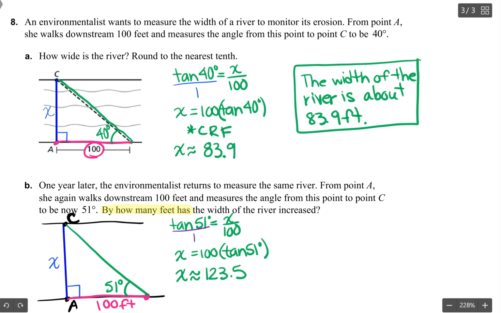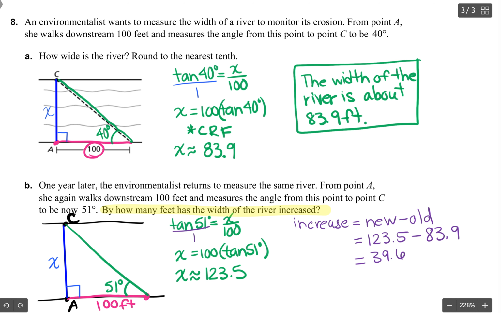Okay, so that's the new width of the river, but then the question doesn't actually just ask us that, but it says by how many feet has the width of the river increased? So we know that the increase is going to be the new minus the old. So the increase will be the new width, subtract the old width. So our new width is 123.5 minus 83.9 for the old width, and we have 39.6.